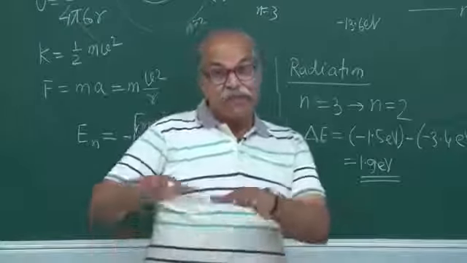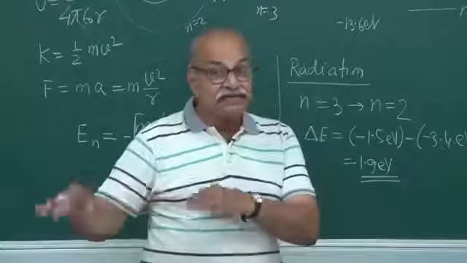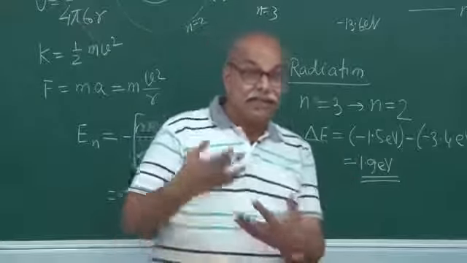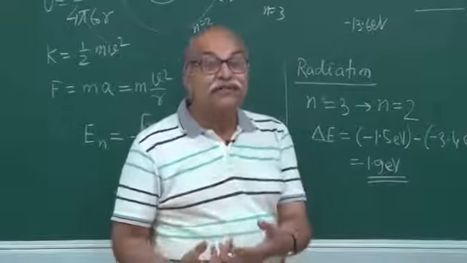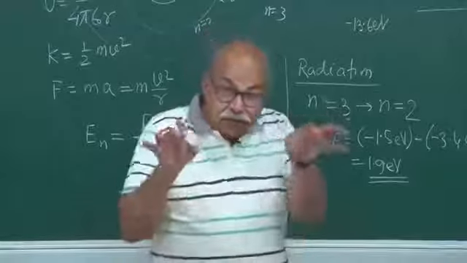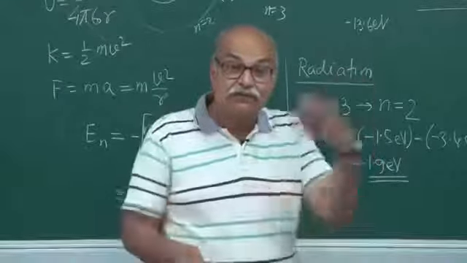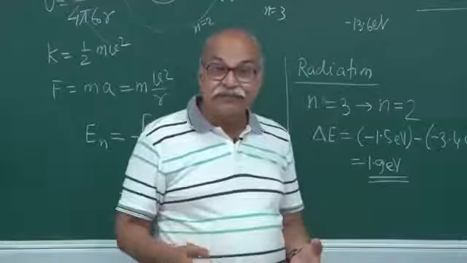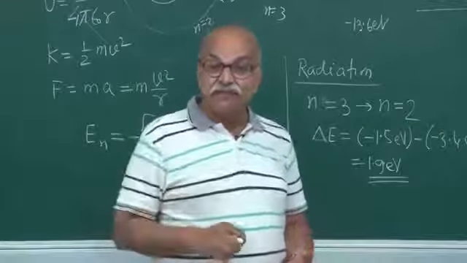So wavelength and frequency, which are wave characteristics, and energy and linear momentum, which are particle characteristics, both are interrelated. The same entity, which we call radiation or light, has photons. You can describe it as photons which are countable, 1 photon, 2 photons, 10,000 photons, 10 to the power 7 photons, and so on. Each photon has a definite energy and a definite momentum.